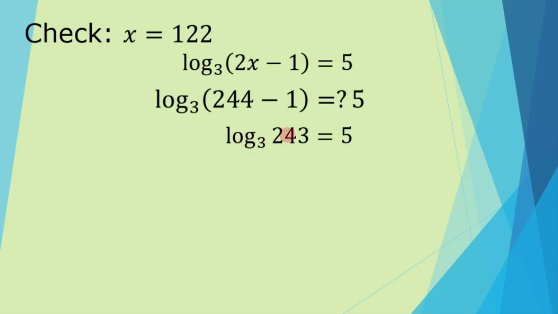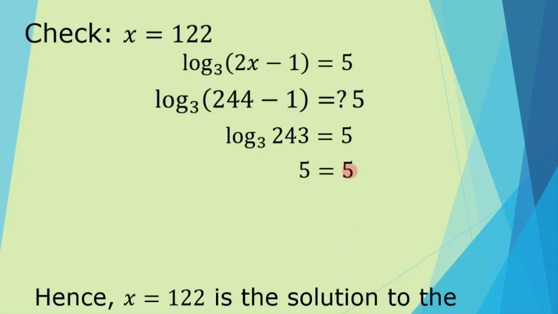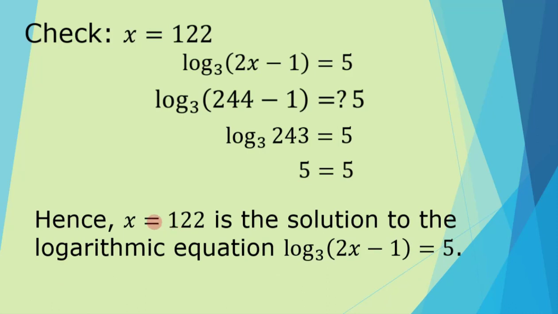So we have log of 243 to the base 3 equals 5. And obviously, 5 equals 5. Hence, x equals 122 is the solution to the given logarithmic equation, log of quantity 2x minus 1 to the base 3 equals 5.